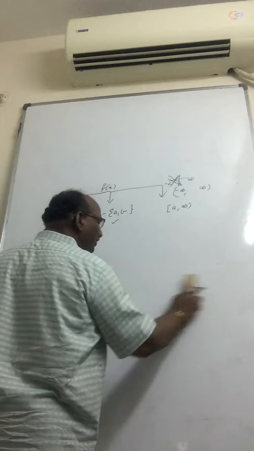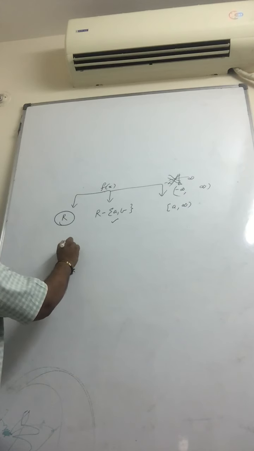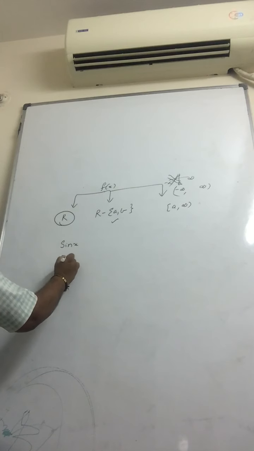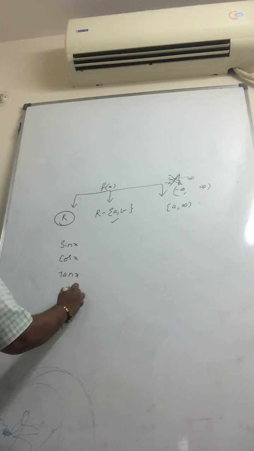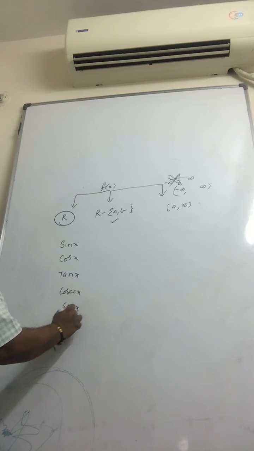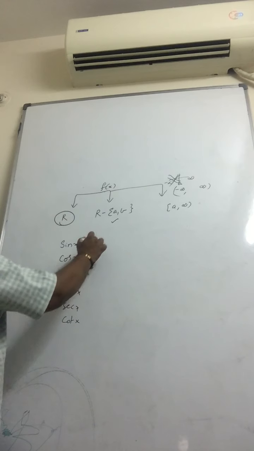So what other functions did we discuss? We should recollect the terms which I defined earlier. What are the functions we discussed? Trigonometric functions we discussed: sine, cos, tan, cosecant, secant, cot, right?